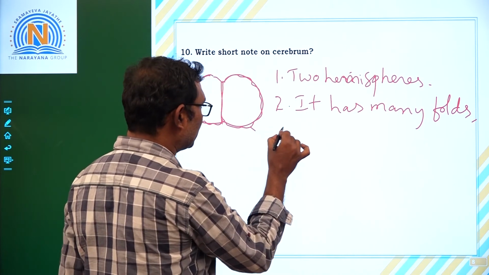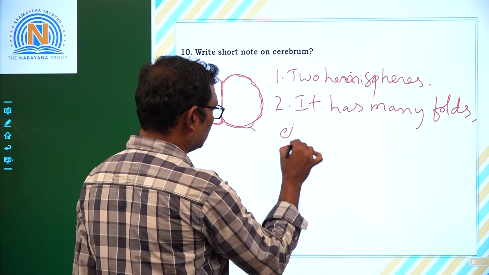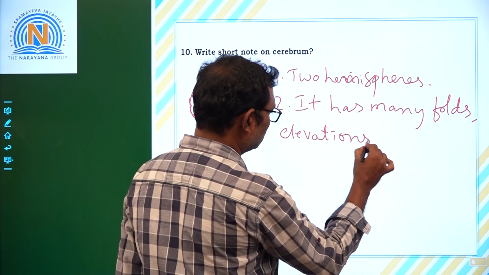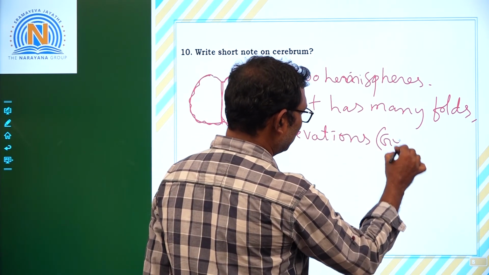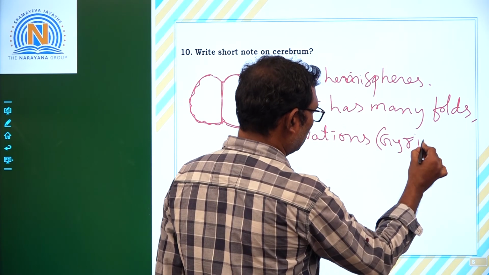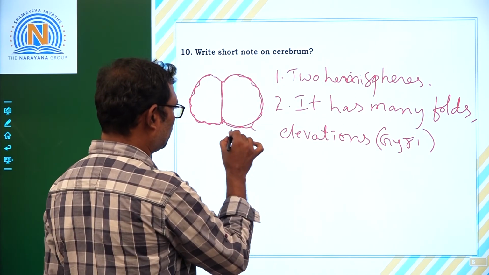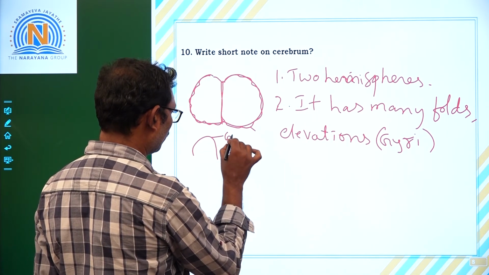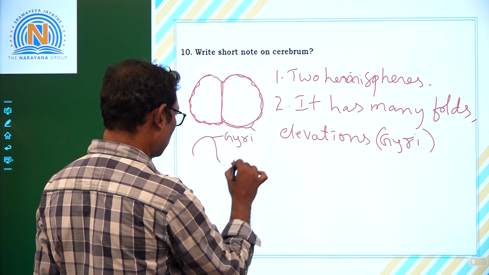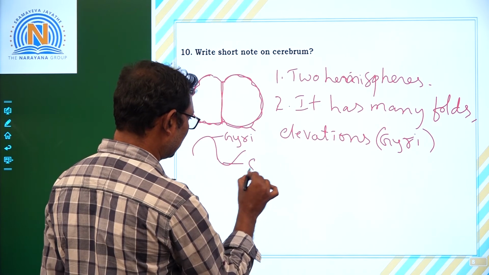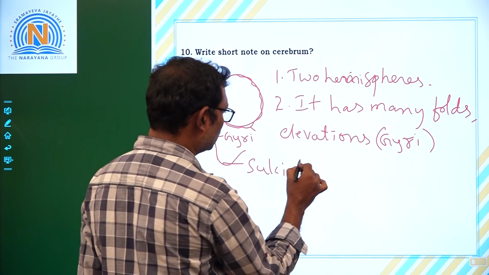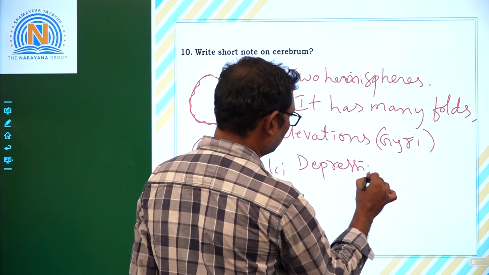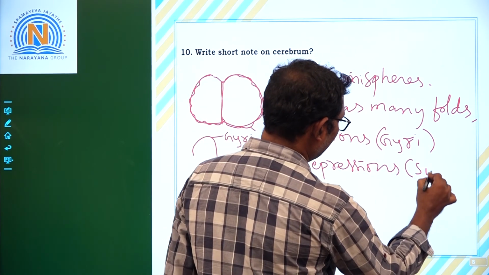They appear like elevations. Elevations means upper parts. They are called gyri. Elevation means this one, gyri. And depression means this one, sulci. Depressed parts, the depressions, are called sulci.